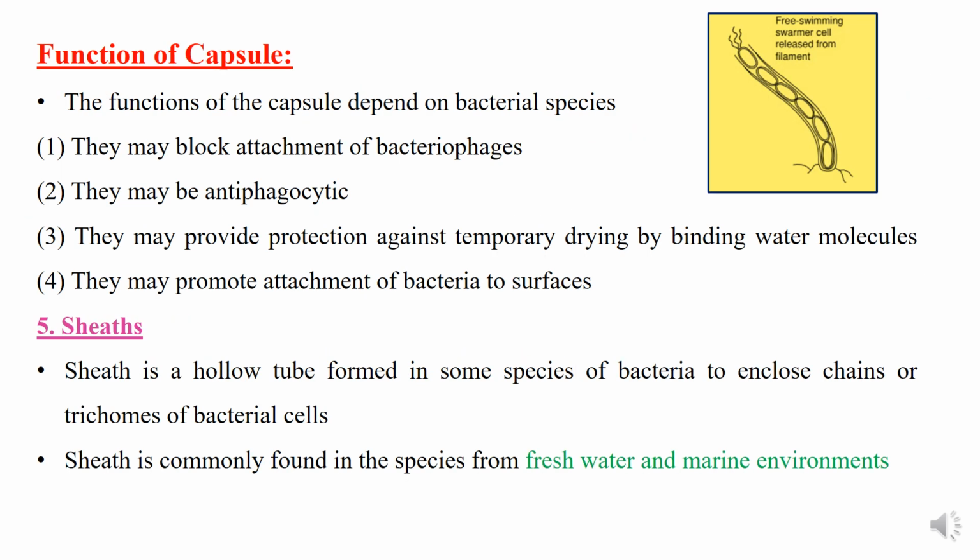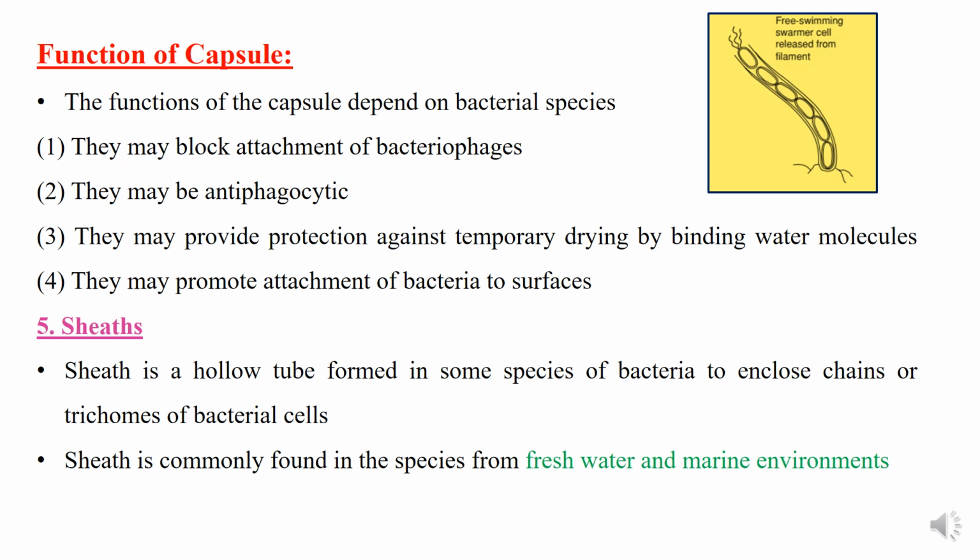Then the function of the capsule, how this capsule plays an important role, because it will mainly block attachment of bacteriophages. Bacteriophages are the viruses which infect the bacteria. When these bacteriophages come in contact with the bacteria, the capsule prevents their attachment.